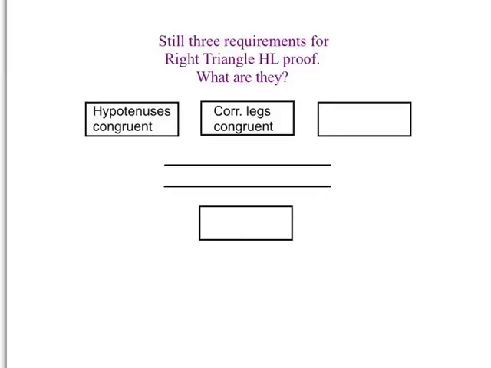And finally, we need to establish that both triangles are right triangles. Now the typical way that this is established is that we'd have two right angles in a box above, and then the definition of a right triangle says that if we have right angles in a triangle, then that creates right triangles. So that would establish right triangles in an HL proof.